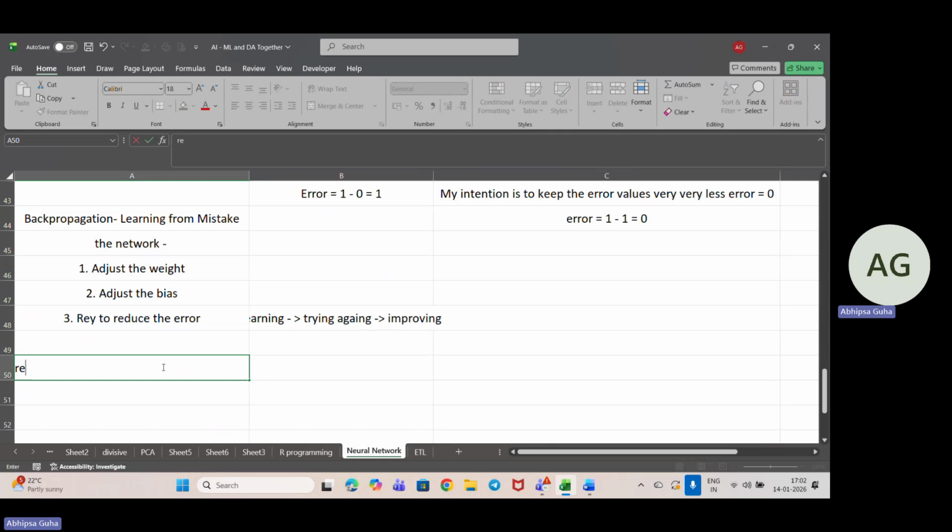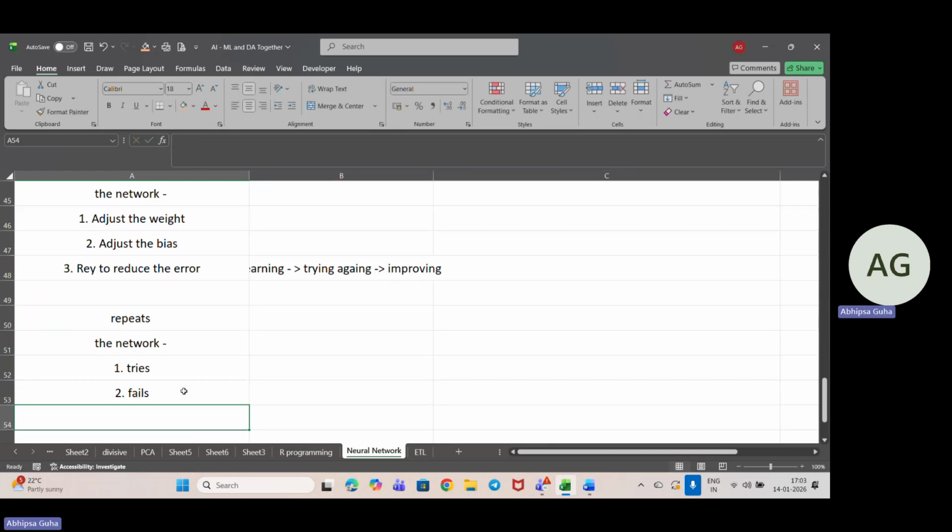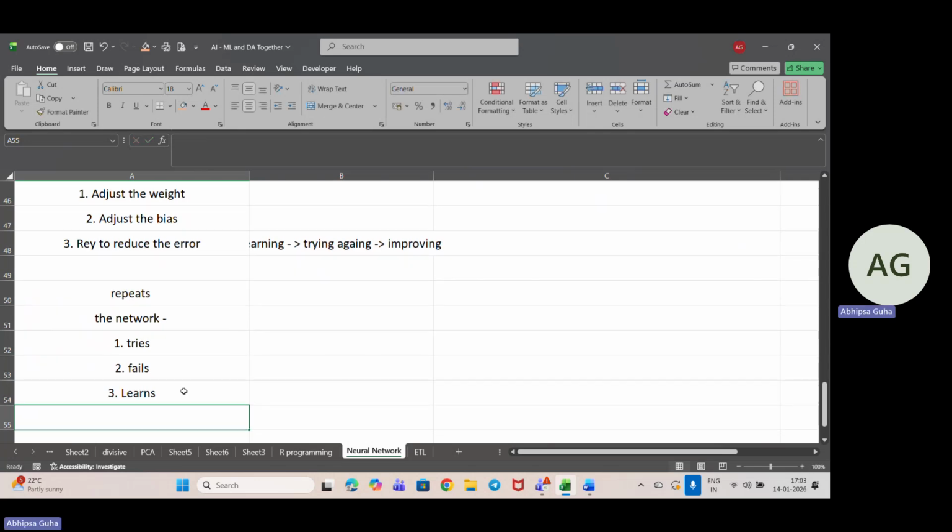So now after this, it repeats itself. Repeats means the network tries, now it fails of course, now it learns, then again improves.